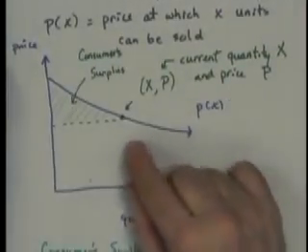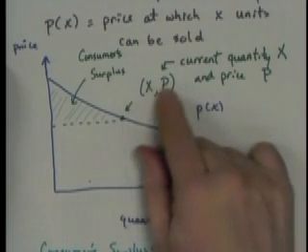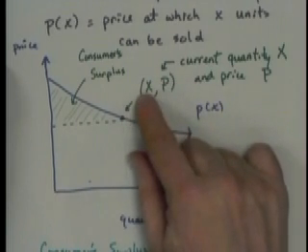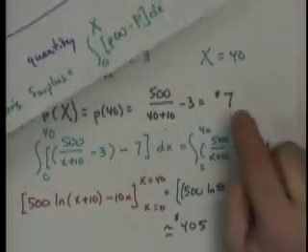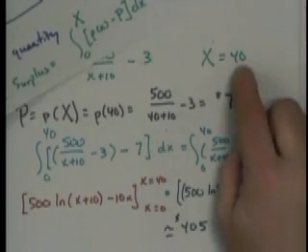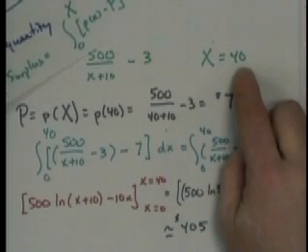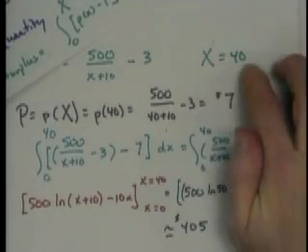Okay, so let me back up again. This little rectangle down here that I didn't really highlight yet, the P times X, price times quantity, gives you revenue of the sales of the thing you have. So in our case, 7 times 40 is 280. So from the revenue of my sales, I'm only making 280.